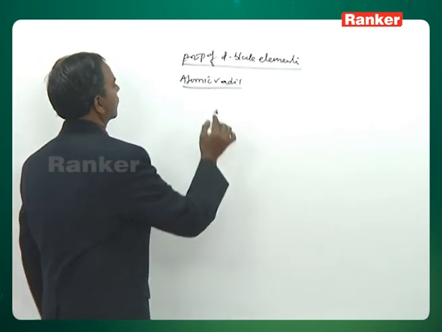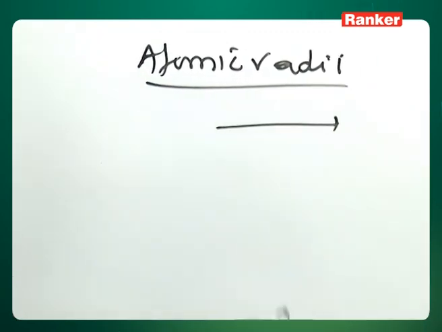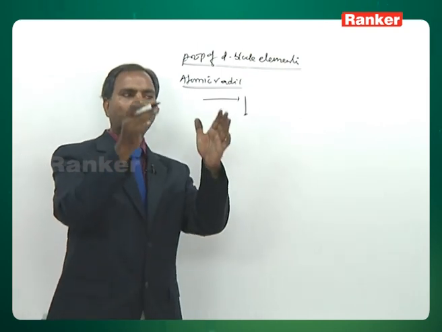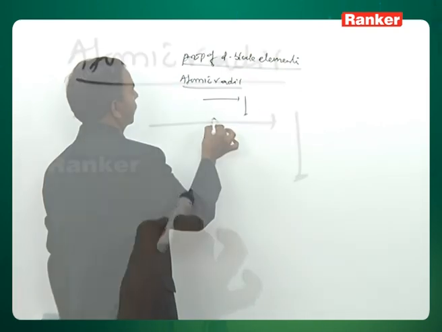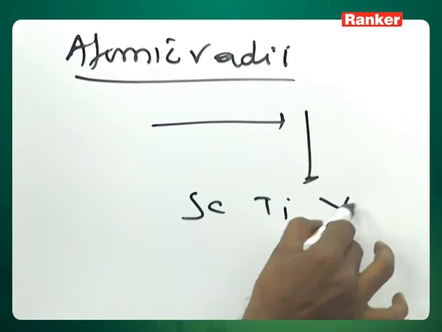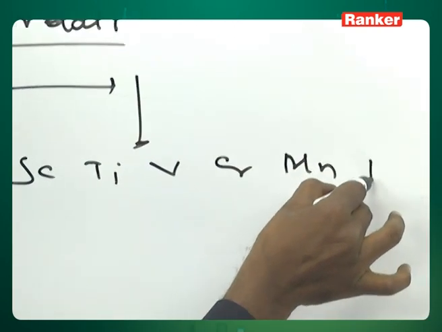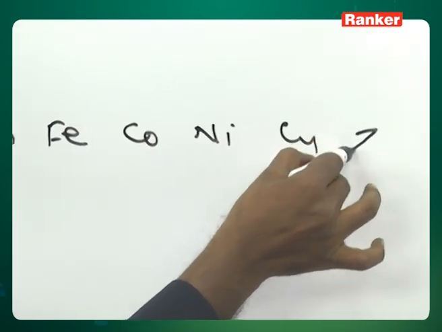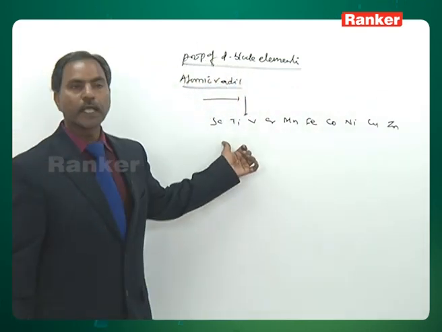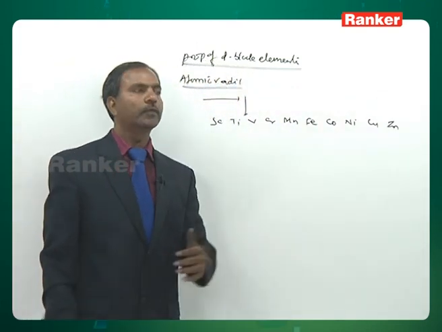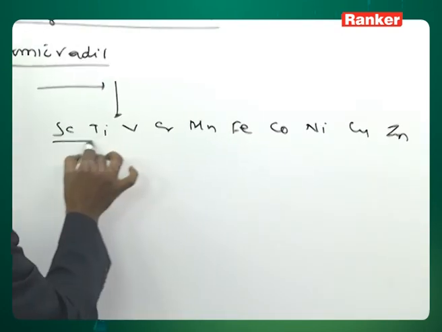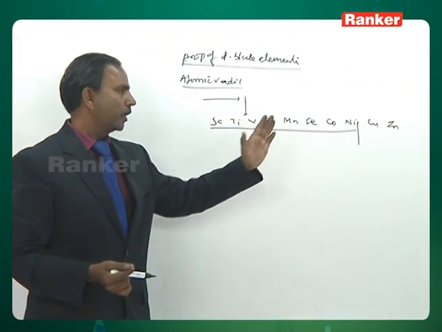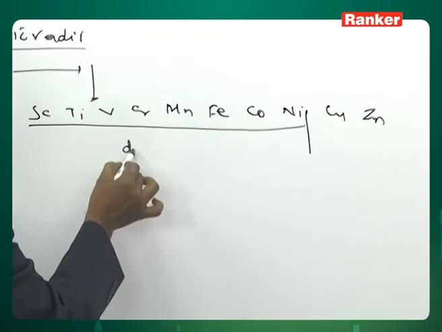Left to right in a period, the atomic radii gradually decrease. Similarly, here: scandium, titanium, vanadium, chromium, manganese, iron, cobalt, nickel, copper, zinc. From scandium to nickel, the atomic radii are gradually decreasing.